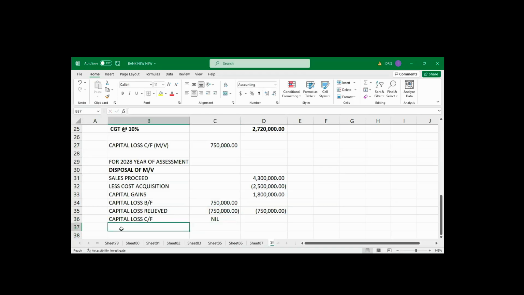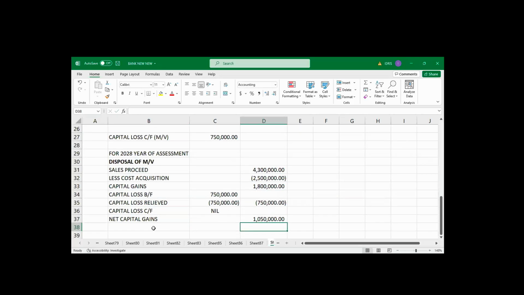So next thing you need to let the examiner know: net capital gain. How much will be my net capital gain? 1,050,000. So on this net capital gain, that is what the company will pay CGT on.